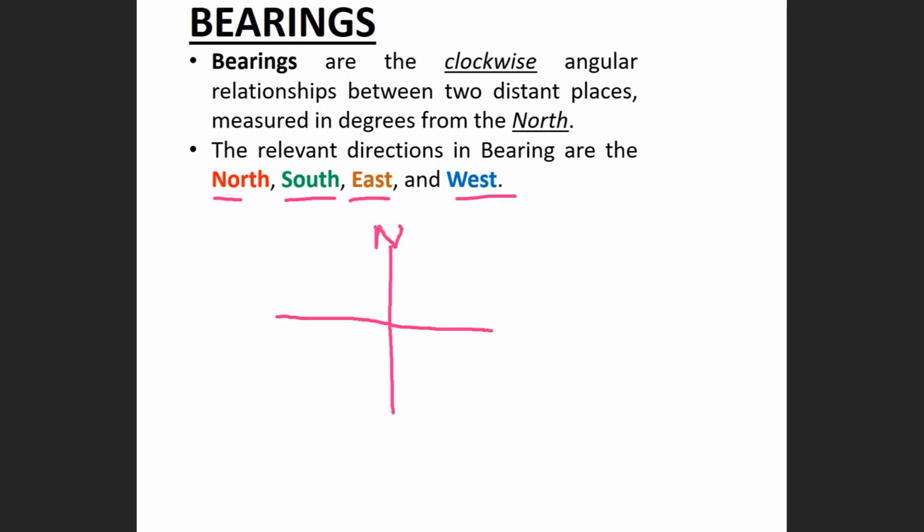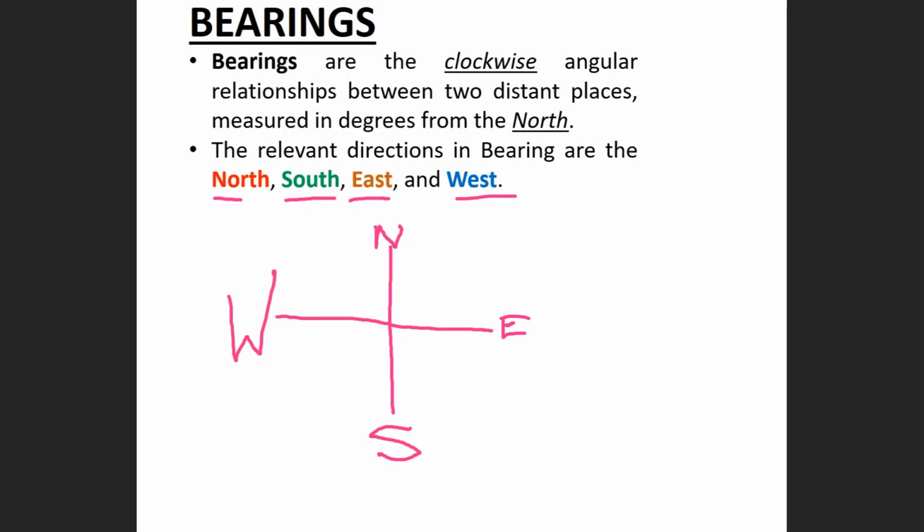The top here is the north, the side here is the east, the side here is the west, and the side here is the south. I'm going to show you what I'm talking about in a moment. So this is north, east, south, west.